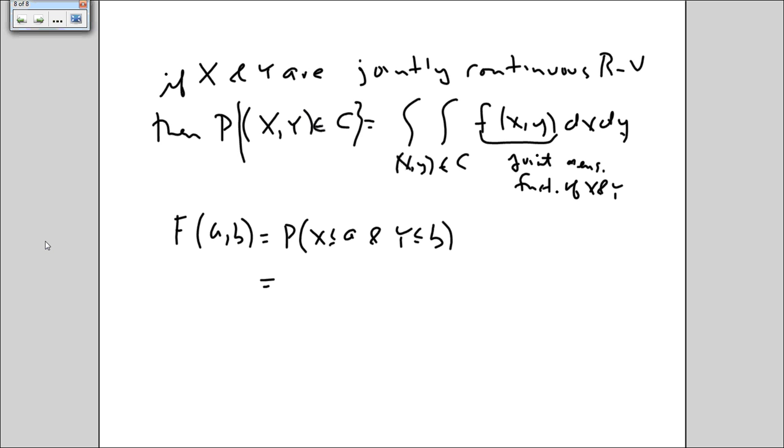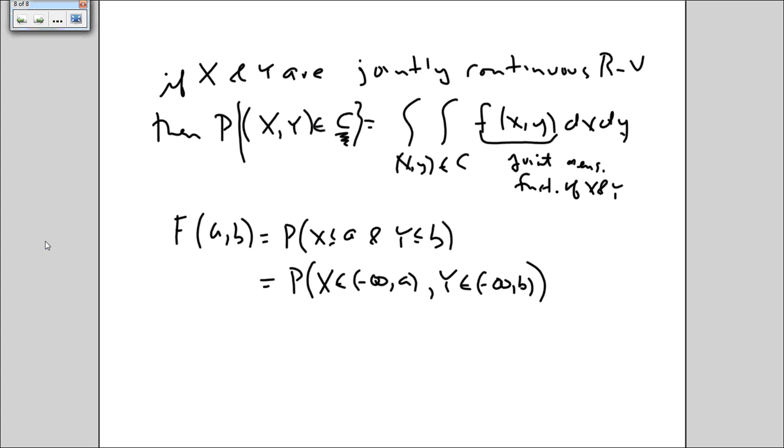So what that means is that x is in negative infinity to A and y is in negative infinity to B. So, just like the C. Okay. C is in R2.